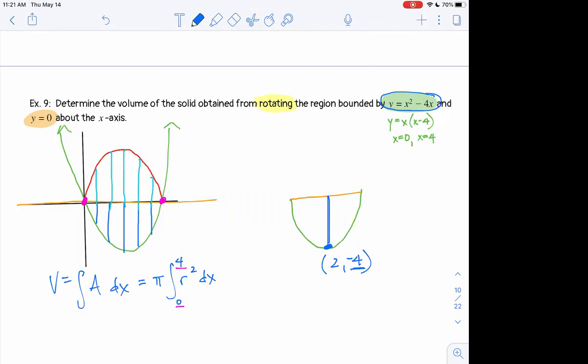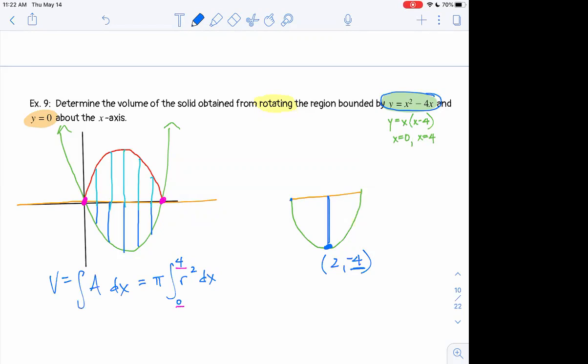So that is my radius. Now I know this is a little bit of a weird thing to think about because a radius is not negative, okay? But we need to stay true to the picture that when we look at that y value, it's a -4, okay?